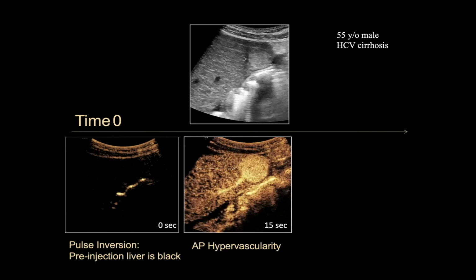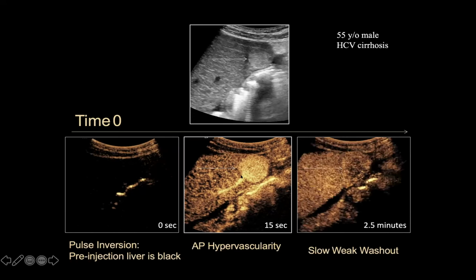When we look in the arterial phase at 15 seconds, we can see that the liver is already well enhanced and that our tumor now is hyperenhanced, and we can see a feeding vessel coming up to the tumor at 15 seconds. Now we do intermittent scans after we confirm the arterial phase hyperenhancement, and at 2.5 minutes we can see that now the enhancement of the tumor has dropped down below the enhancement of the liver.